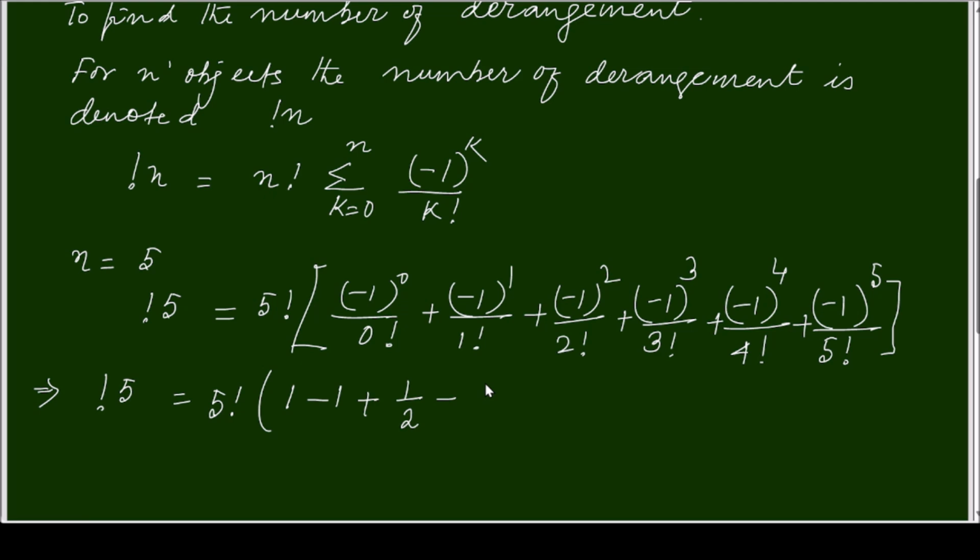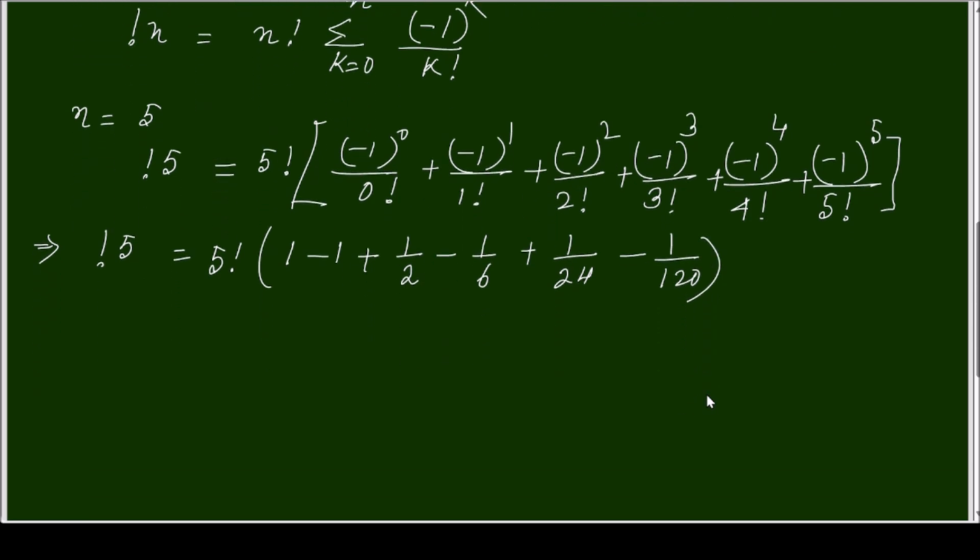So it will be negative 1 over 3 factorial, which is 6, then again plus 1 over 4 factorial, which is 24, and negative 1 over 5 factorial, which is 120. 5 factorial is 120. We have done it, the 1 cancels. So it will be 1 by 2 minus 1 by 6 plus 1 by 24 minus 1 by 120.